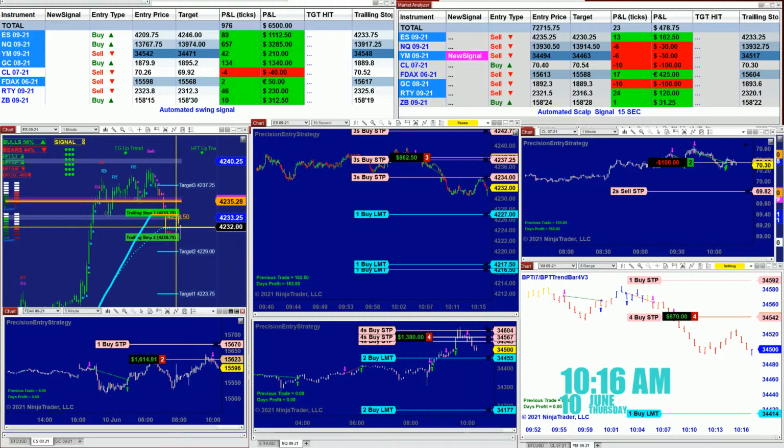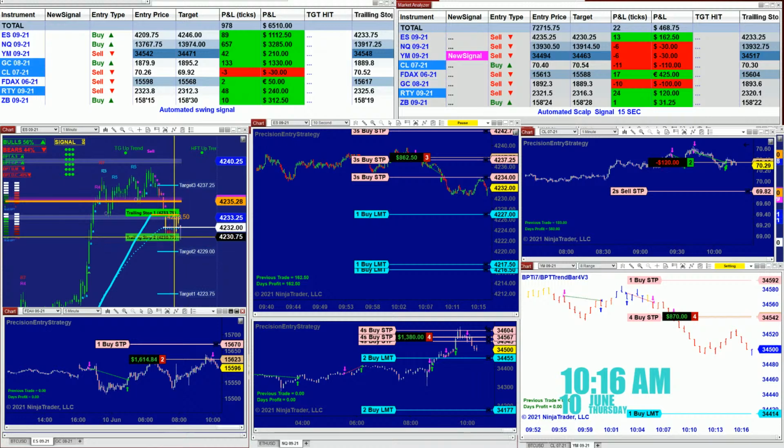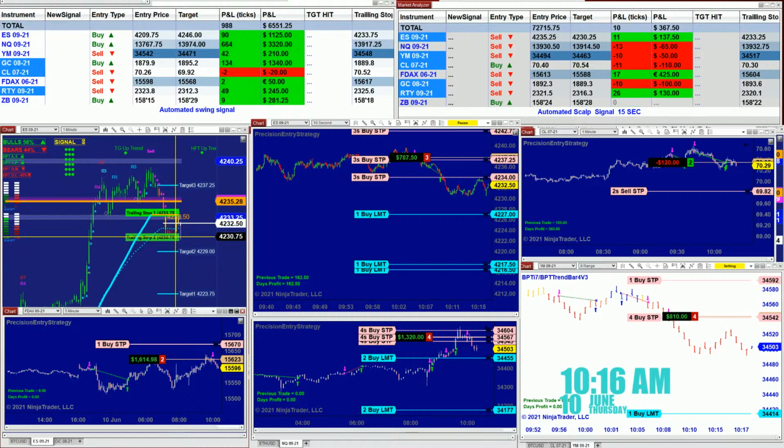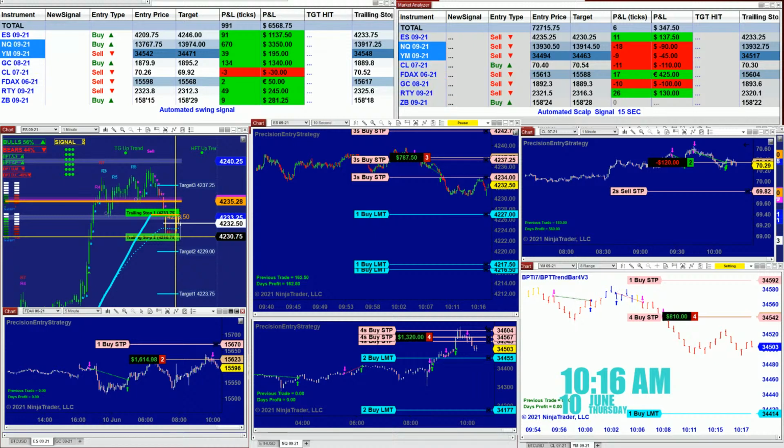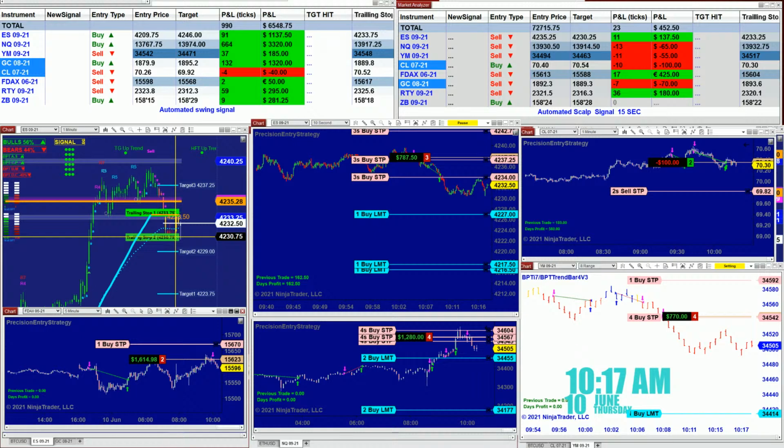Once the ES goes below the 42.30.75, the long trade's officially over. So now it seems like the 10-second is about to close that trade. It's already on a trailing stop. I'm not going to touch it. Leave it alone.